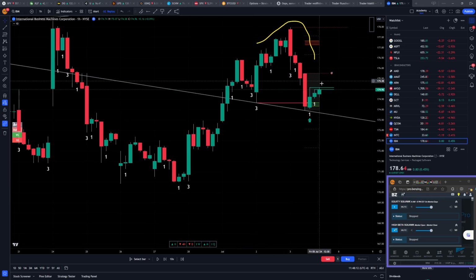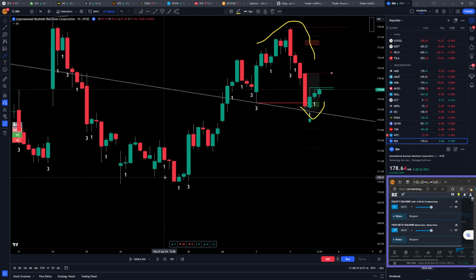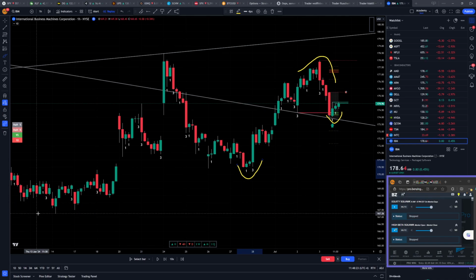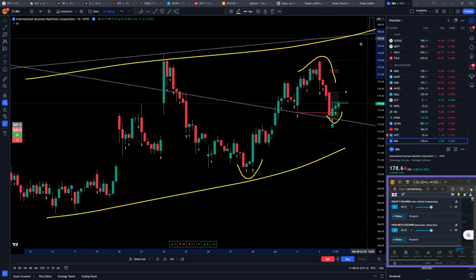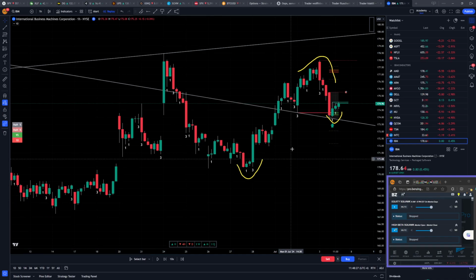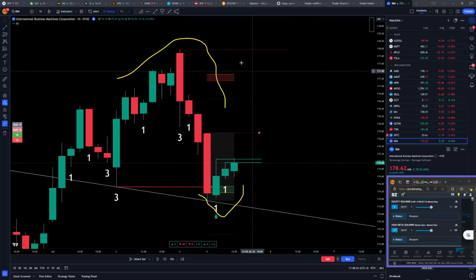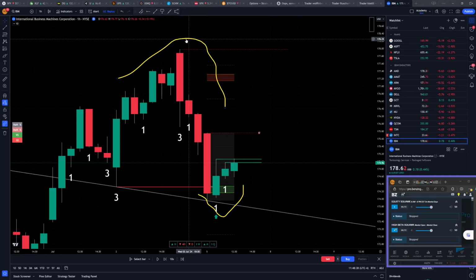If we're in an uptrend and this low is higher than that one, that might mean we're ranging up in an uptrend. That would then mean this highest point up here is our final target, if we can get back to this previous high.